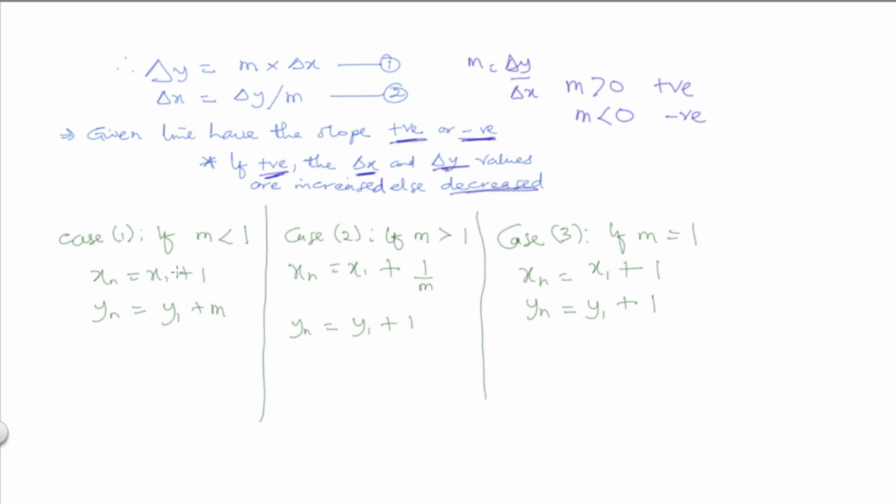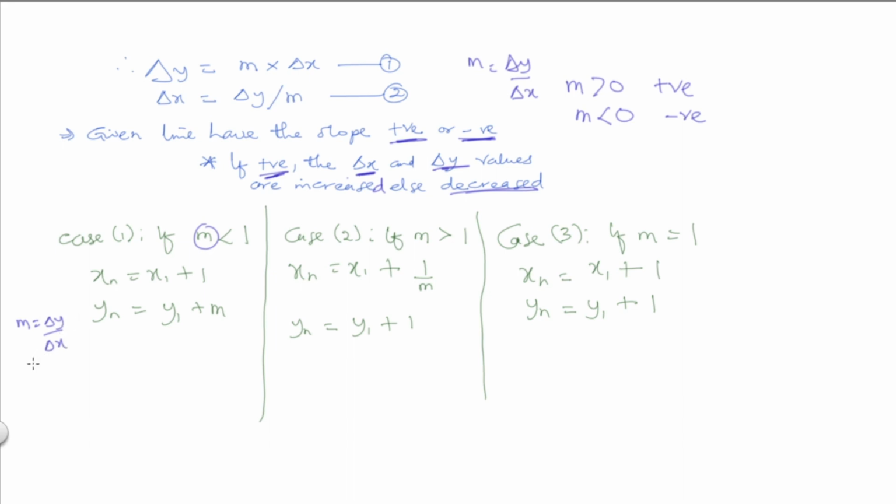So there are three main scenarios that we can find when we talk about the slope. So the first scenario, or the first case, is when we have the gradient being less than 1. So by definition, the gradient is represented as m is equal to the change in y over change in x.